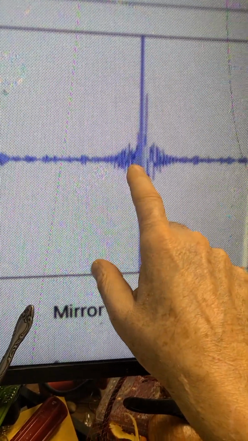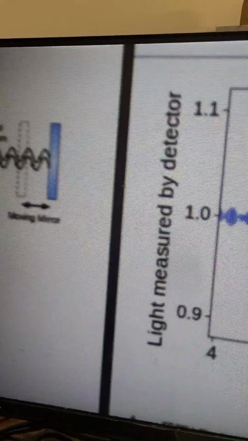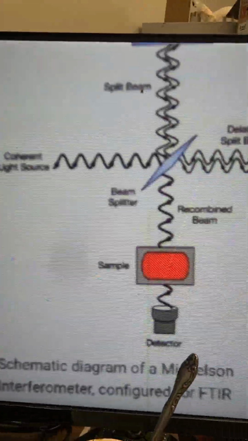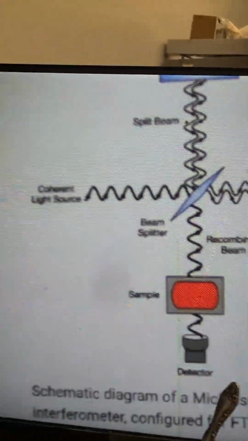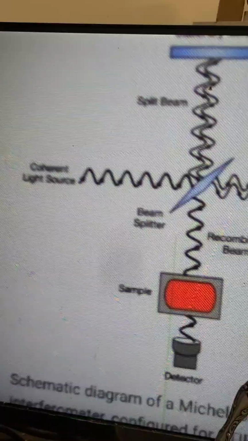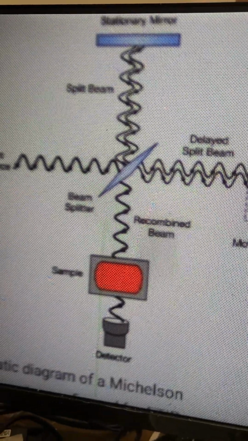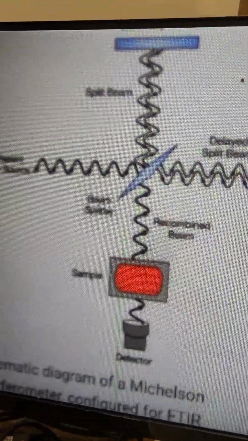This is a bunch of different frequencies. Now, what's shown here is just a single frequency from a so-called coherent source, going to create a single interference.